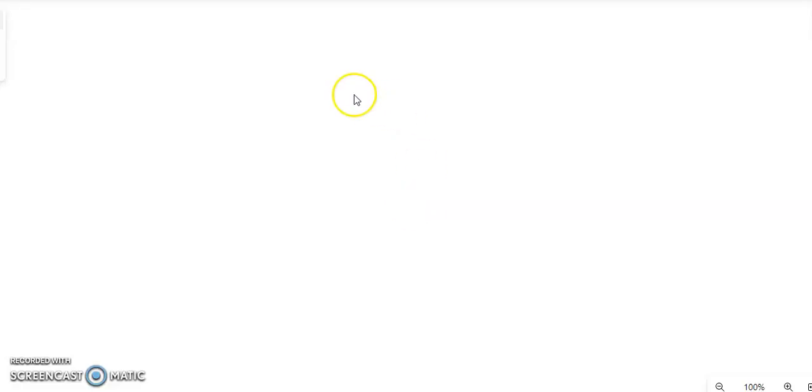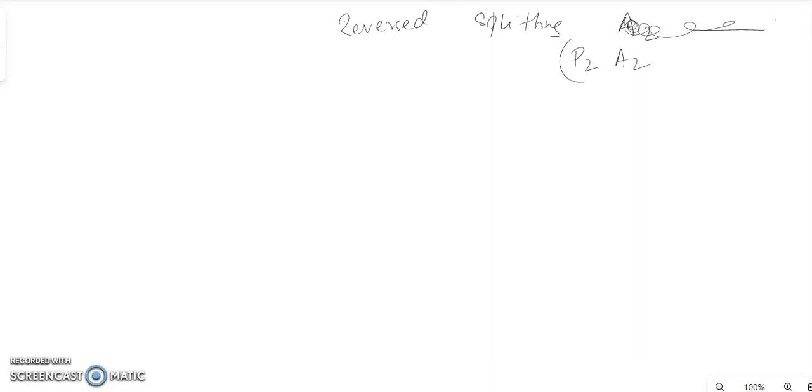Now the next topic is reverse splitting. It is due to P2 and A2 reversed. It is most commonly due to delayed A2.